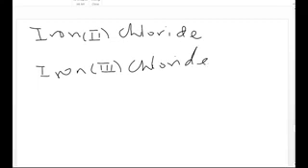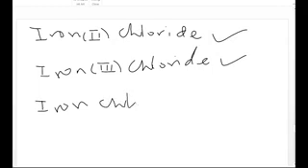You can see that we have iron 2 chloride, we have iron 3 chloride, but if I say iron chloride, I'm not specific, so it might not be correct because I did not specify the oxidation number. Because iron is a transition metal, I need to indicate the oxidation number of that iron. If I'm talking about iron 2 chloride, what is the chemical formula?